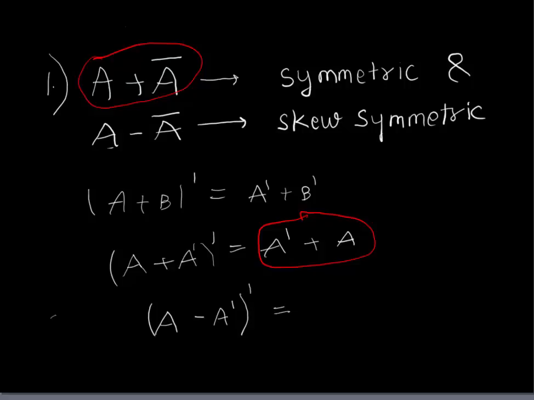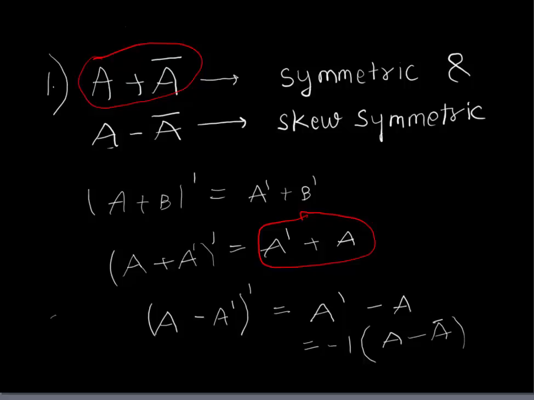So what I'll get on the right hand side is A transpose minus A. Now in order to prove that it is a skew symmetric matrix, we can take minus 1 common, and then we are left with A minus A transpose.